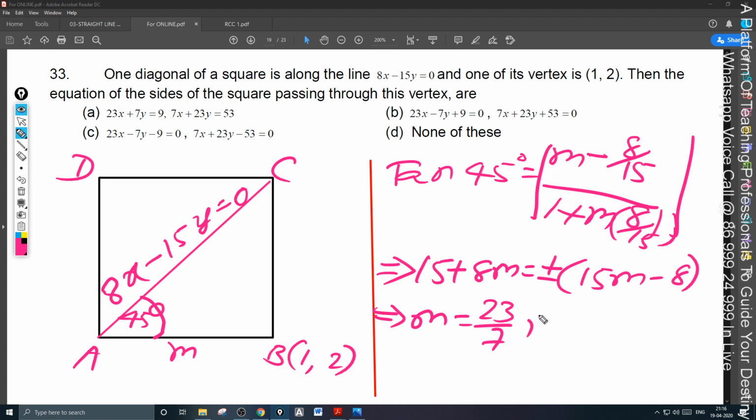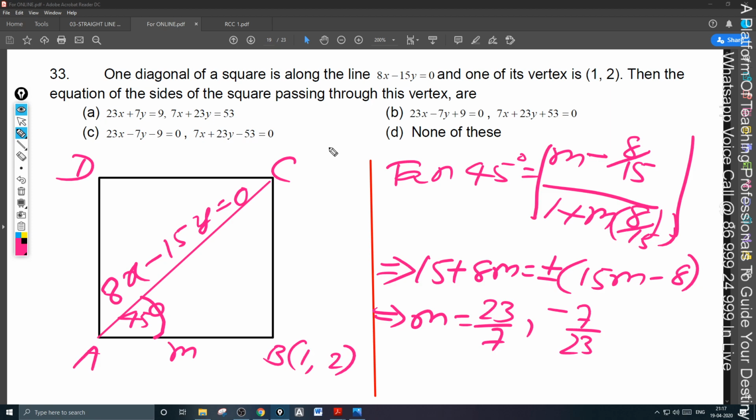Now the next slope gives you the answer. Take minus here, then 23m is equal to 8 minus 15, which is minus 7. So minus 7 by 23, because they are mutually perpendicular to each other. Obviously it should be. This is 23 by 7, this is minus 7 by 23. And this is also minus 7 by 23.